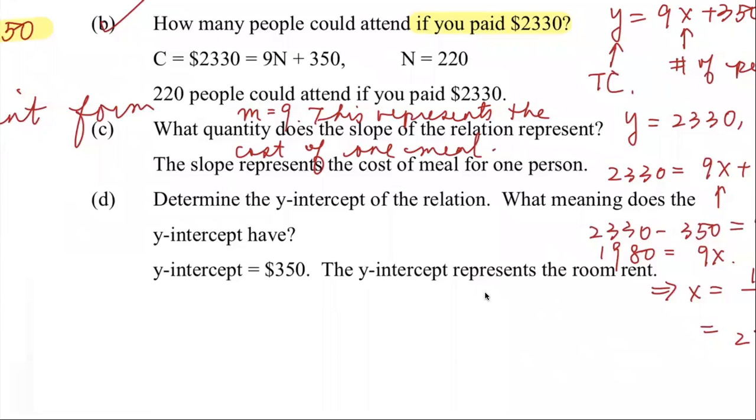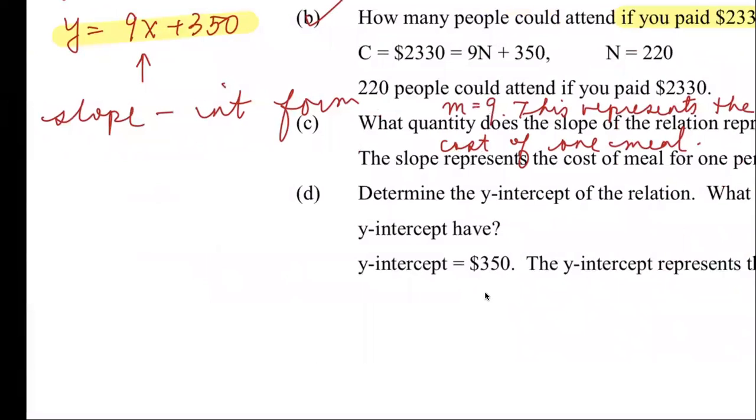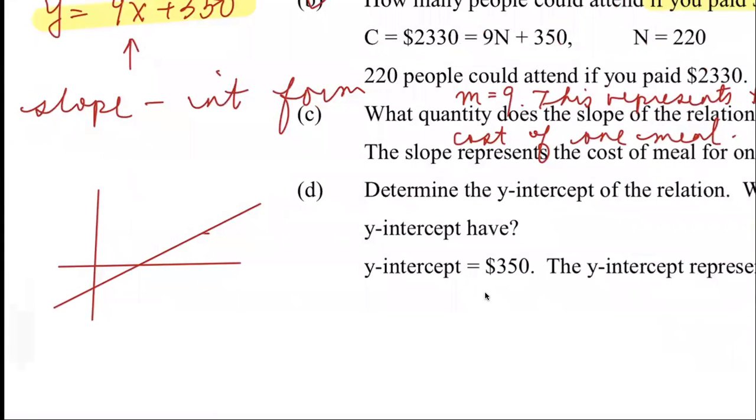In any linear relation, if we have a straight line, the slope usually represents some kind of change rate, or sometimes we call it rate of change.